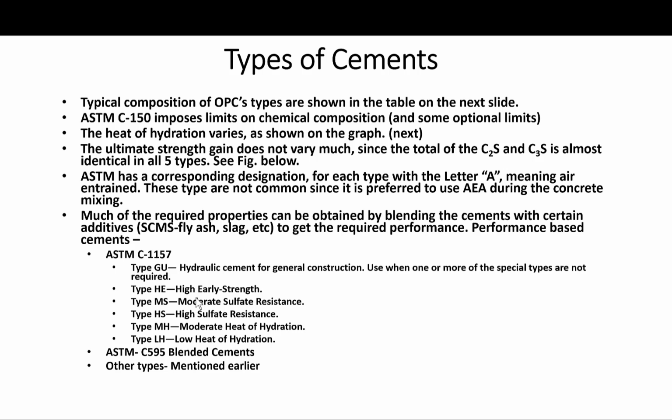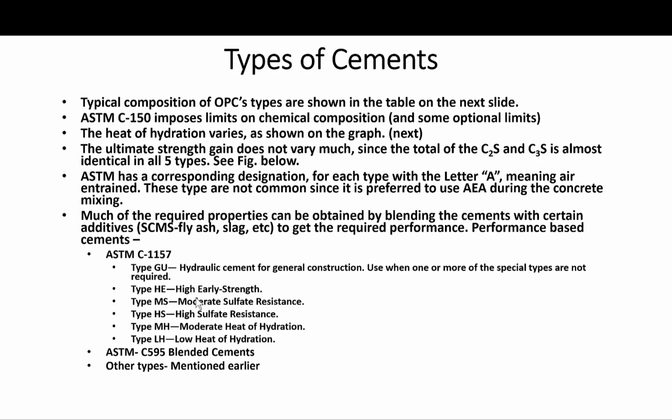Okay. The ASTM C150 has a designation for each type with the letter A, like 1A, 2A, 3A, 4A, and 5A. This means air entrained cements.